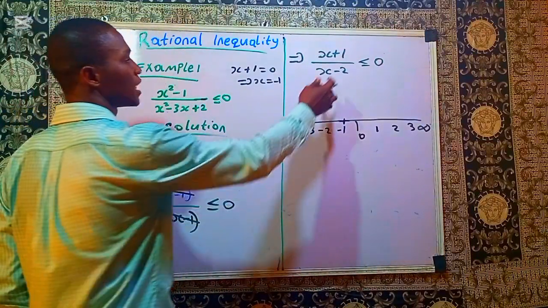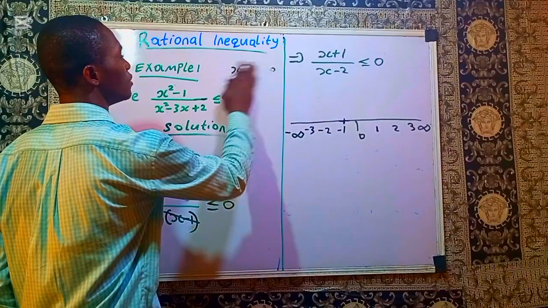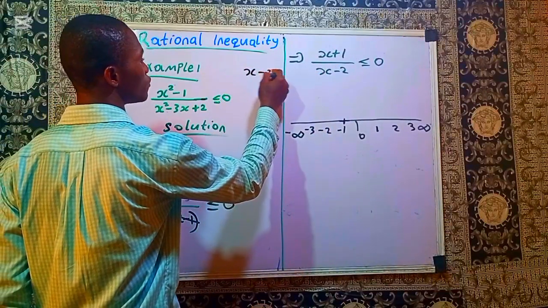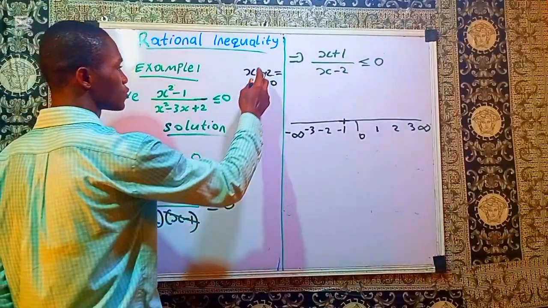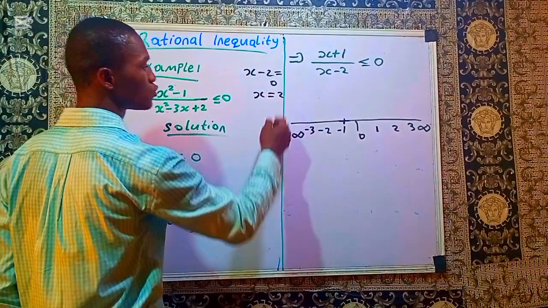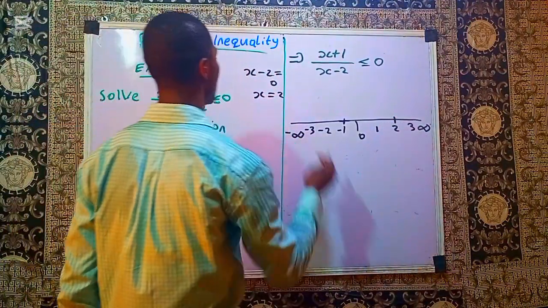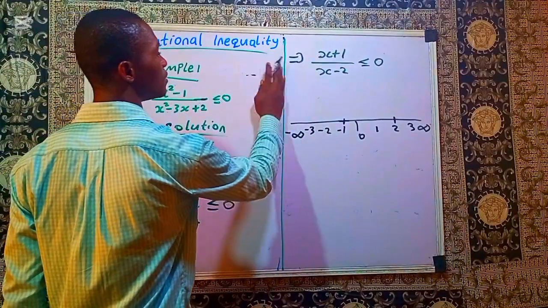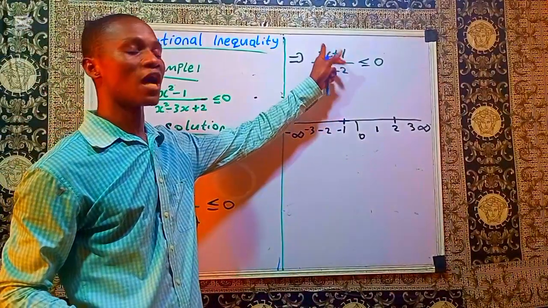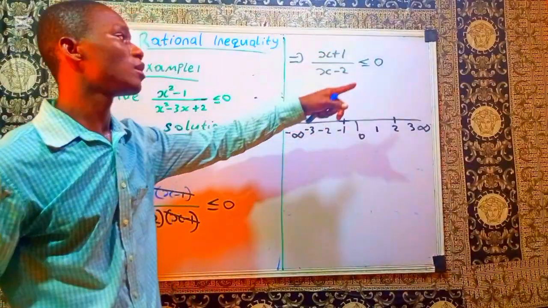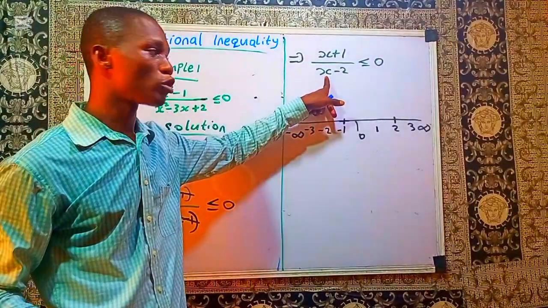Then you set the denominator equal to 0. So x minus 2 equals 0. If you move minus 2 to the other side, x is equal to 2. We locate 2 here. So we have located the 2 points that will make the numerator equal to 0 and the denominator equal to 0.